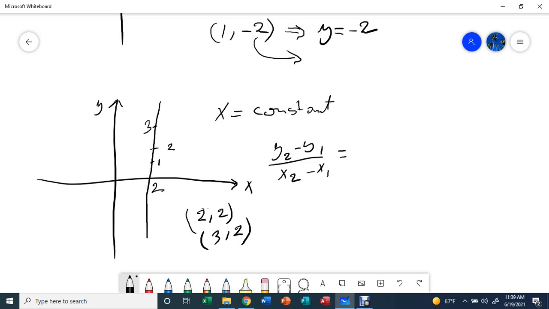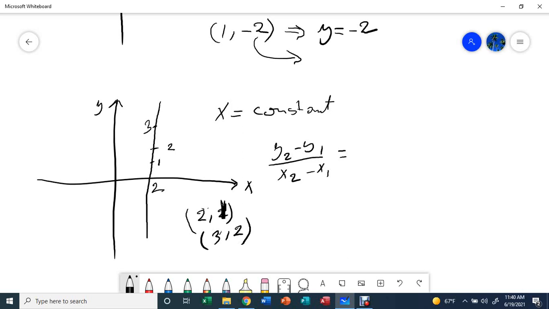So I want to show you that the slope is undefined because the x coordinates are the same.